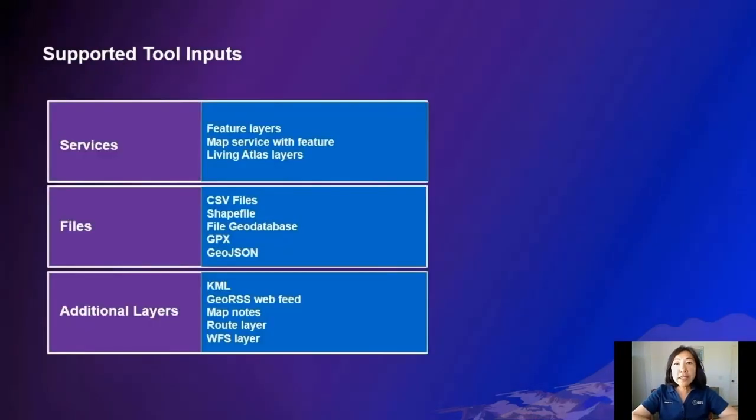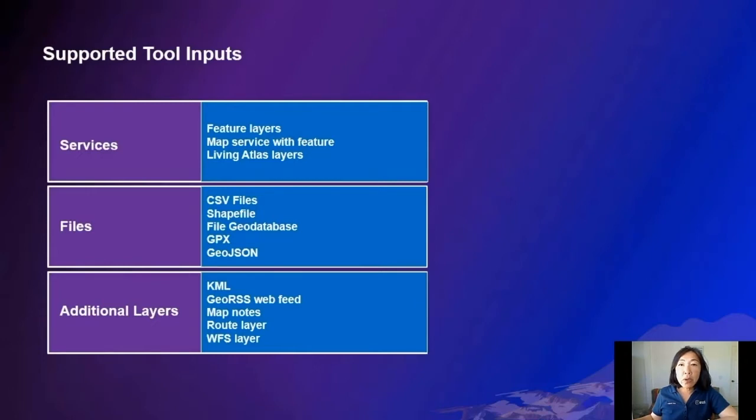Now, what data can be used as input for online analysis tools? The good news is that we support a wide variety of data types. The input data can be hosted features in the cloud, including the rich content in Living Atlas. They can be files like CSV, shapefile, or file geodatabase.